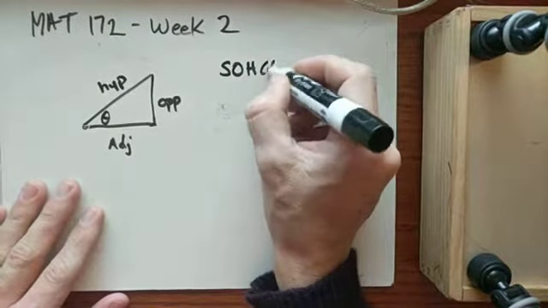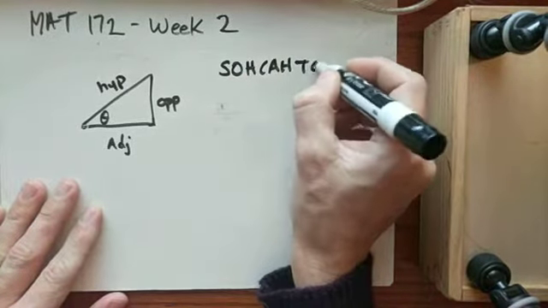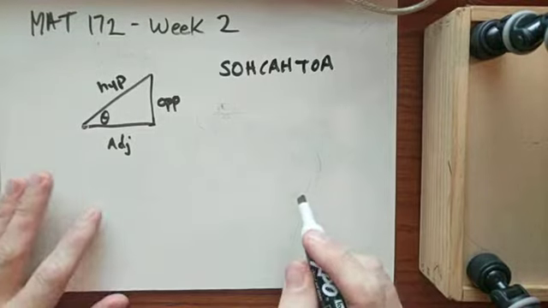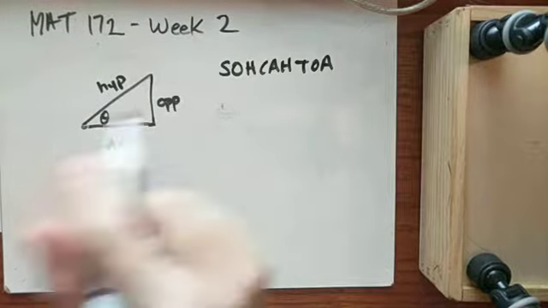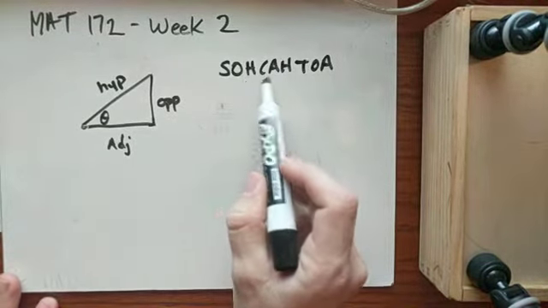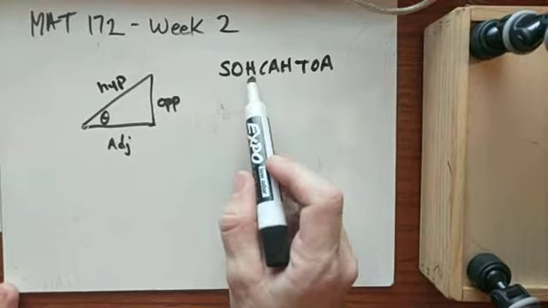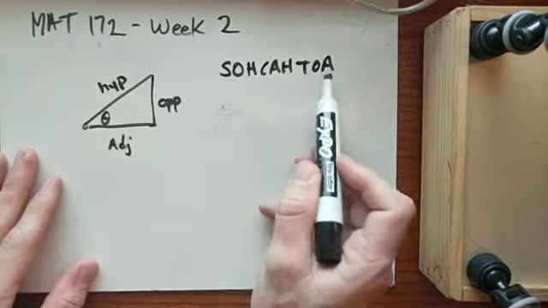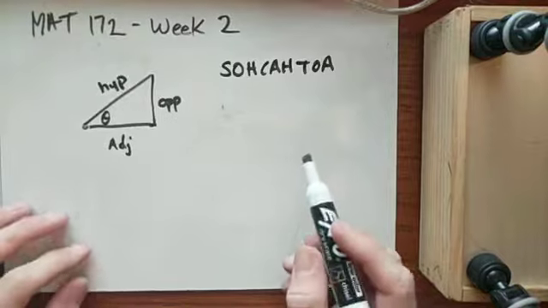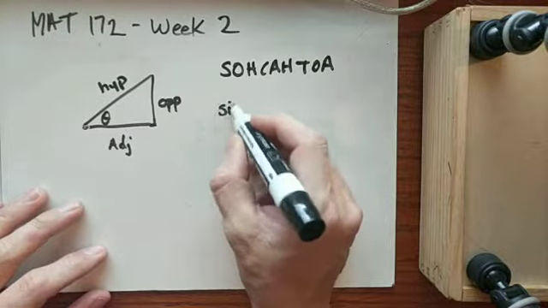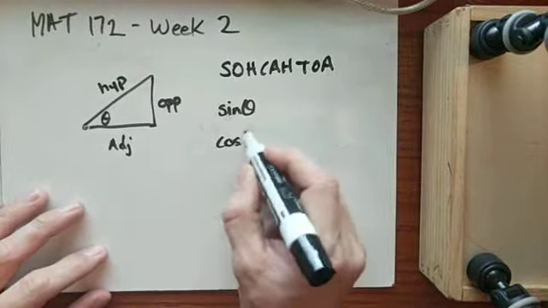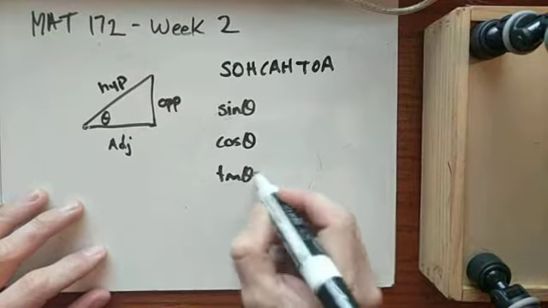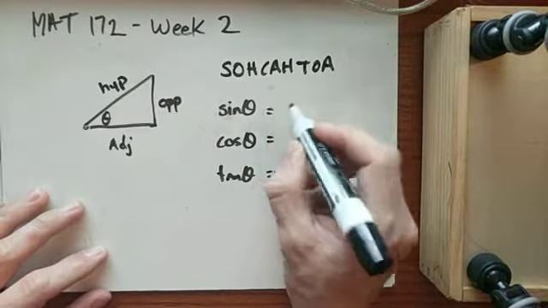Some old hippie caught another hippie tripping over alligators, or some old horse caught another horse taking oats away. I've heard all kinds of ones, but what this basically means is the sine, cosine, and tangent are defined by these letters.